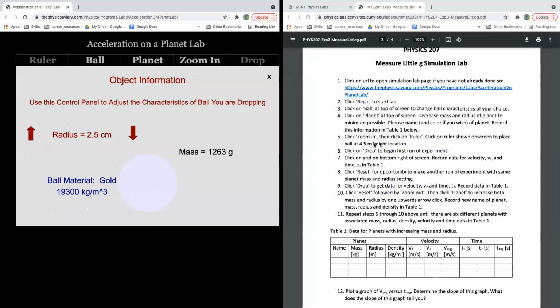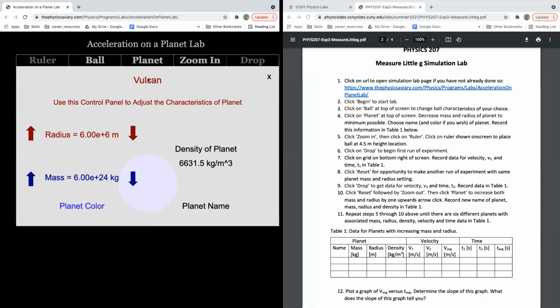And you see, then what's next? You can choose the name or color of the planet and record this information in table 1 below. Basically, I think they want you to figure out the planet name. So this is the planet.